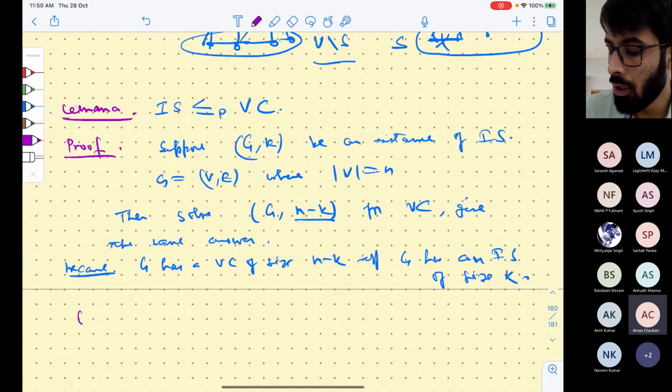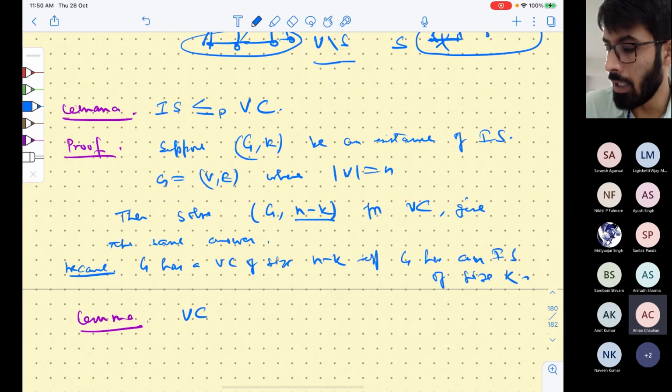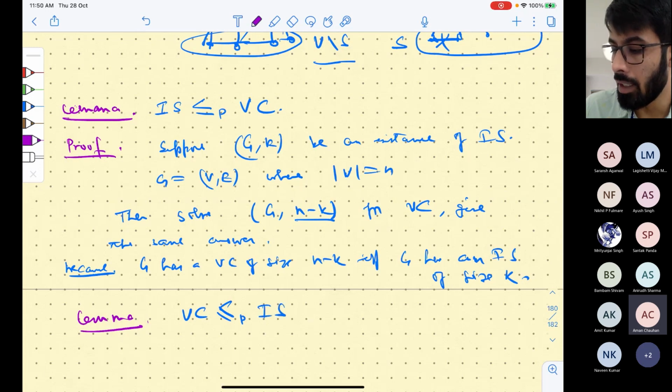What about the other way around? It's the same: vertex cover to independent set, and the proof will be exactly the same. I'm not going to do it.